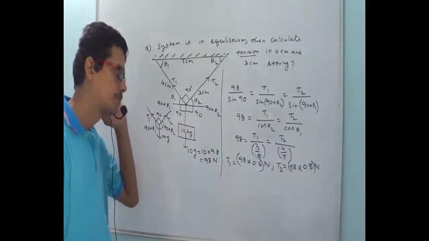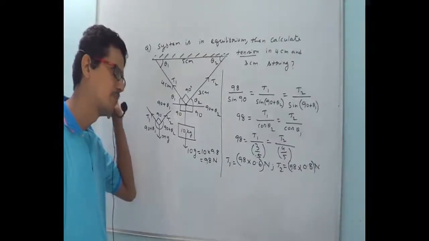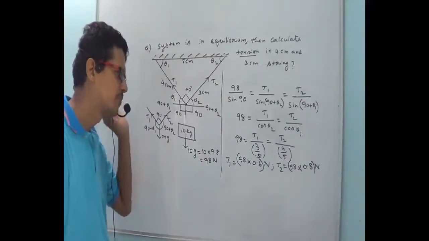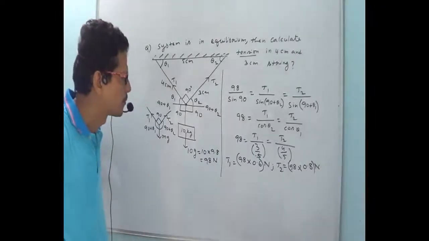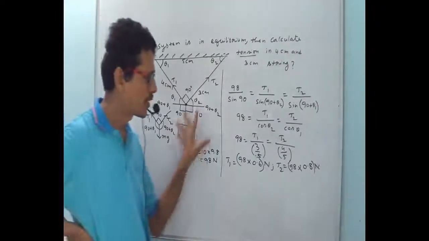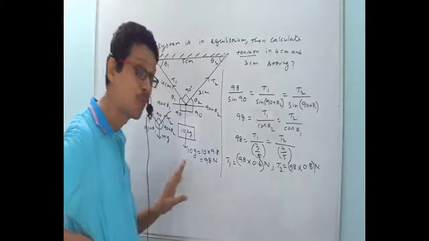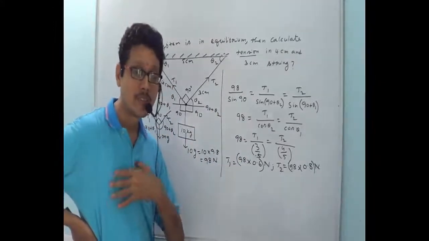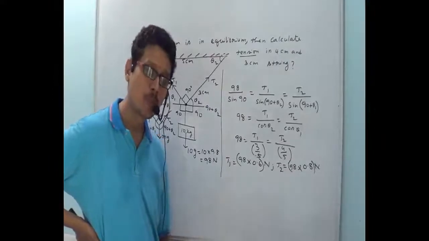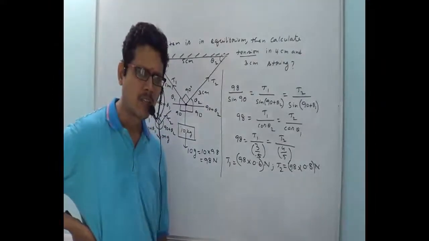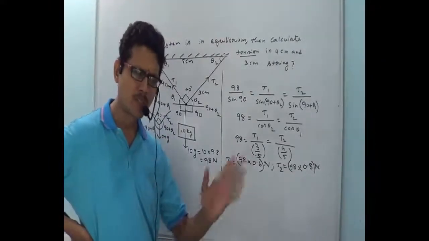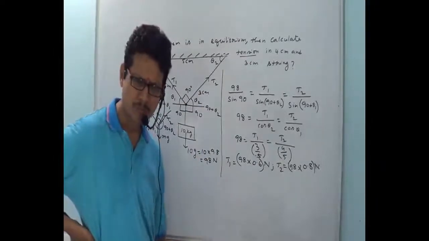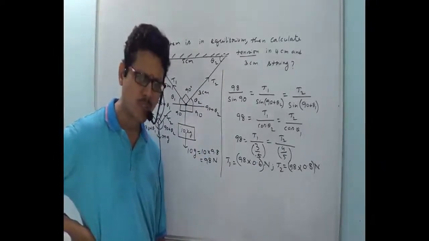Okay, if 3 forces are acting, you take Lami's theorem. If 4 forces are acting, then what you need to do? Divide each vector into its components and take x component as 0, y component as 0. Then you will find the unknown vector.